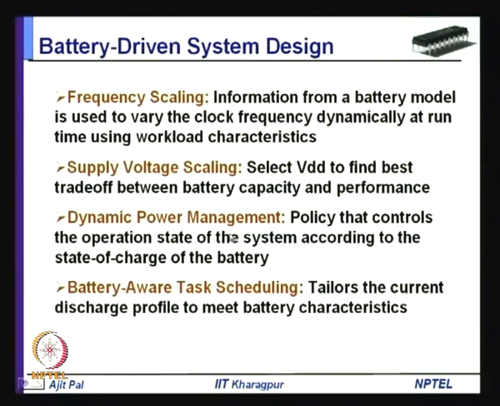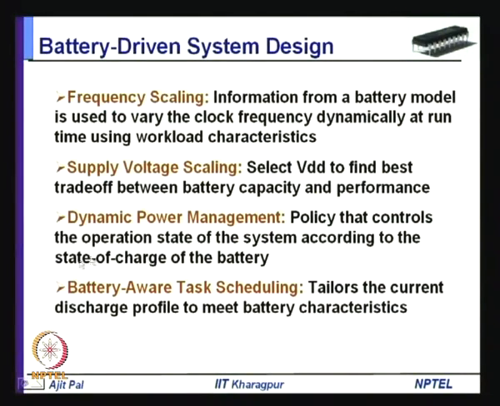Then we can do dynamic power management. In this particular case, the policy controls the operation state of the system according to the state of charge of the battery. That means, what can be done? If we find that the charge is getting depleted, you can, to take into account the recovery effect, switch off some of the subsystems for a certain duration, and the battery will recover.